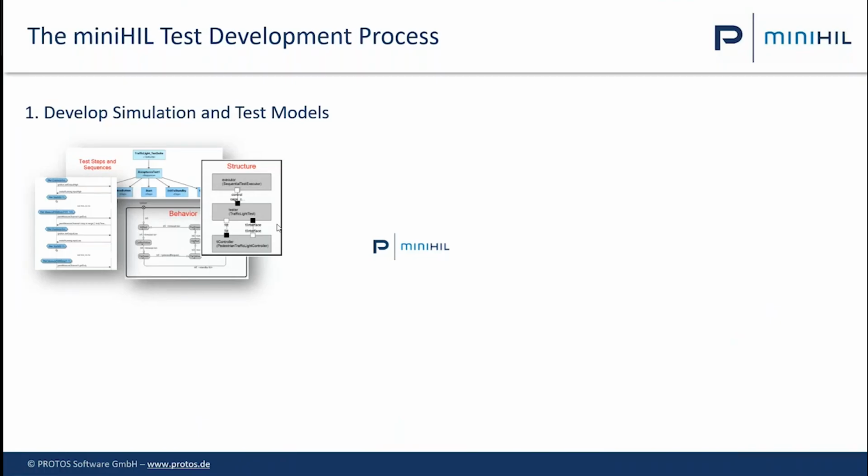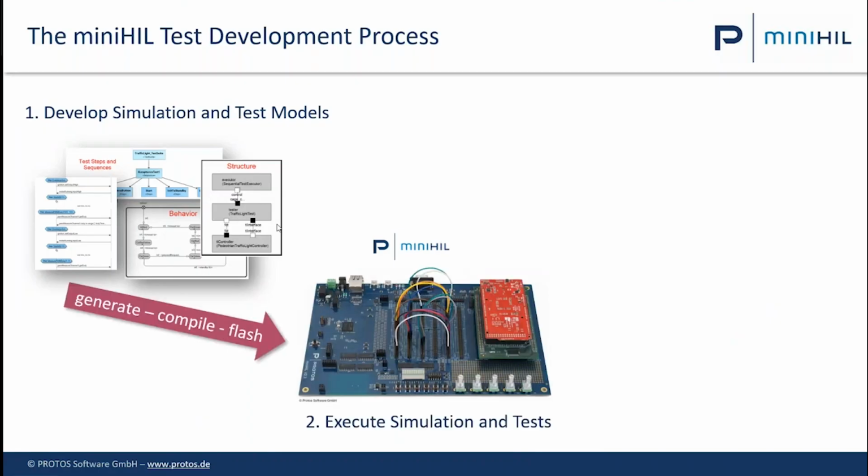You can use it to define the structure and the behavior for your environment simulation, as well as for your test cases. And from those models, we generate C code. You also can integrate manual C code. You also can integrate, for example, generated Simulink models and models from other tools. If you can generate it in C code, you can easily integrate this into your test system.